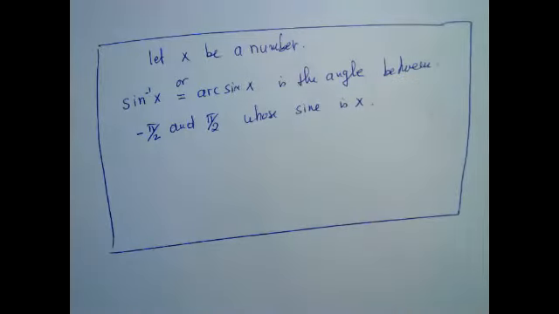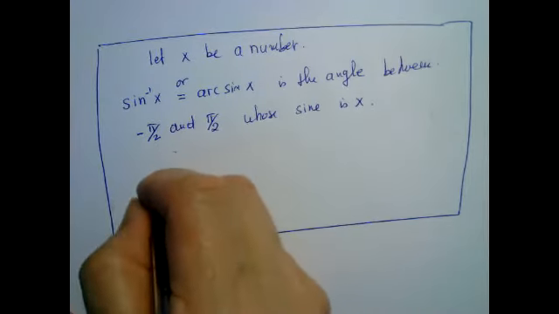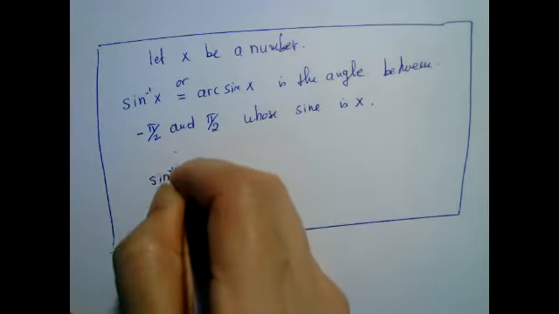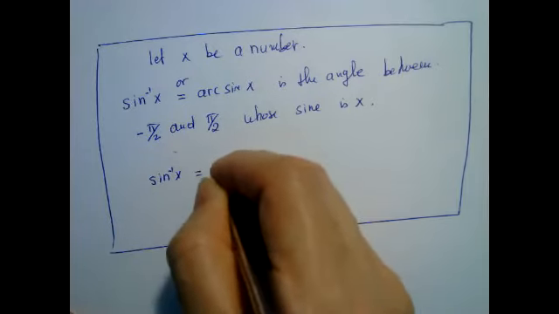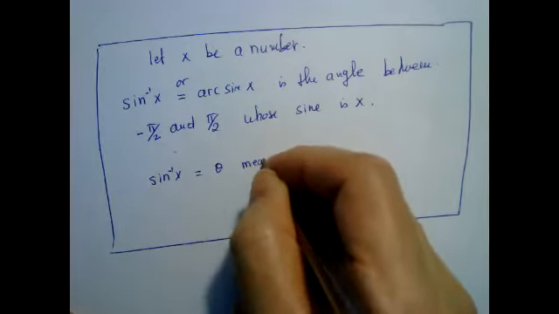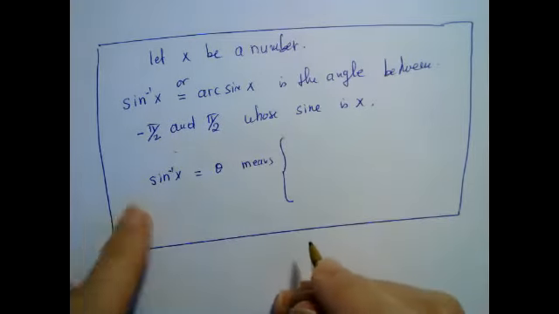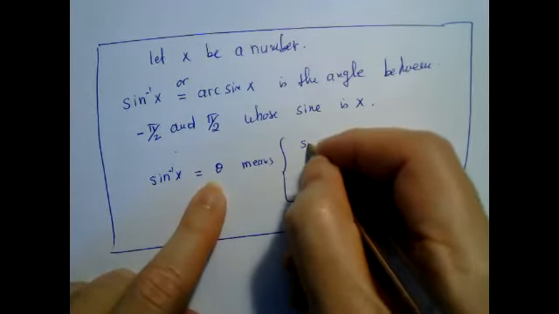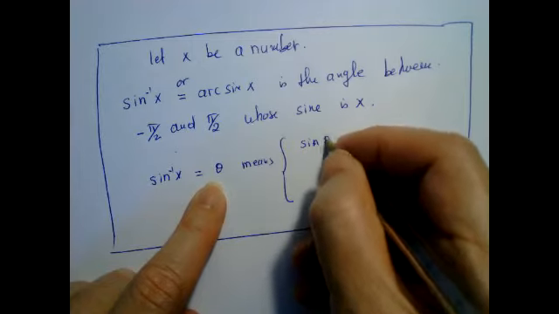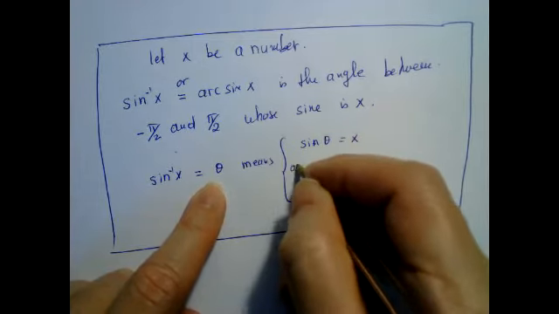Because if I give you x, the sine inverse is going to give me the angle. So in other words, sine inverse of x equal to theta means the sine of theta is x.